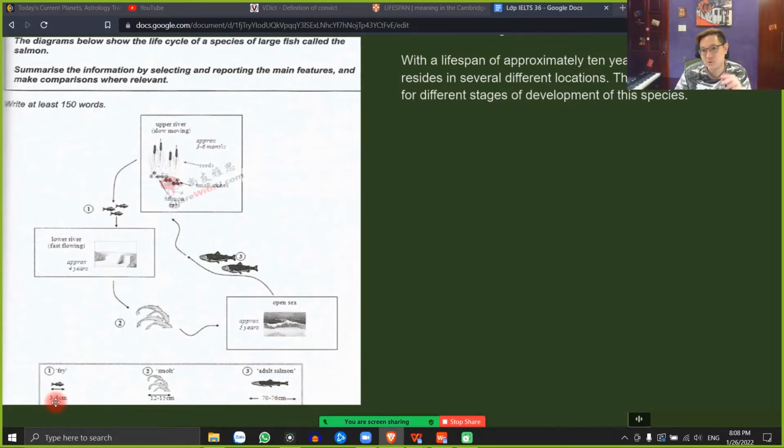No, actually, 10 to 20 times. The size you can see from 3 to 8 goes up to 70, 76. From the young stage to the adult stage, the size increases 10 to 20 times. That could also be one thing to mention. The size difference.